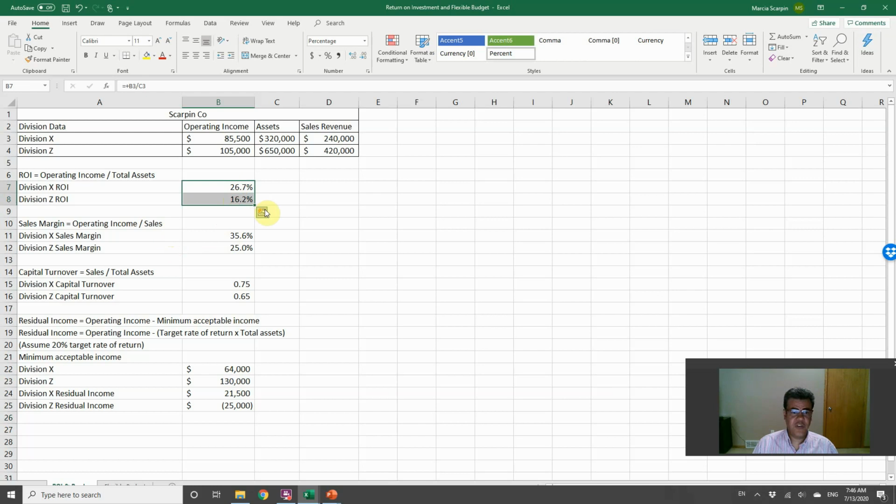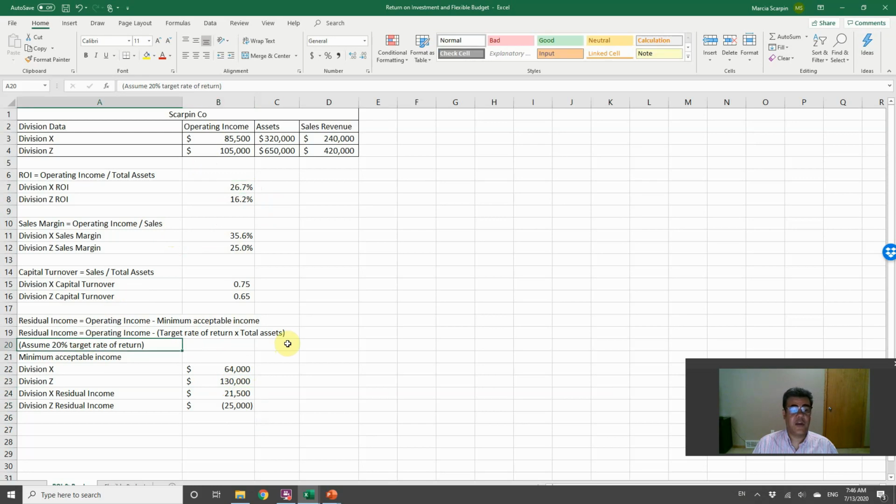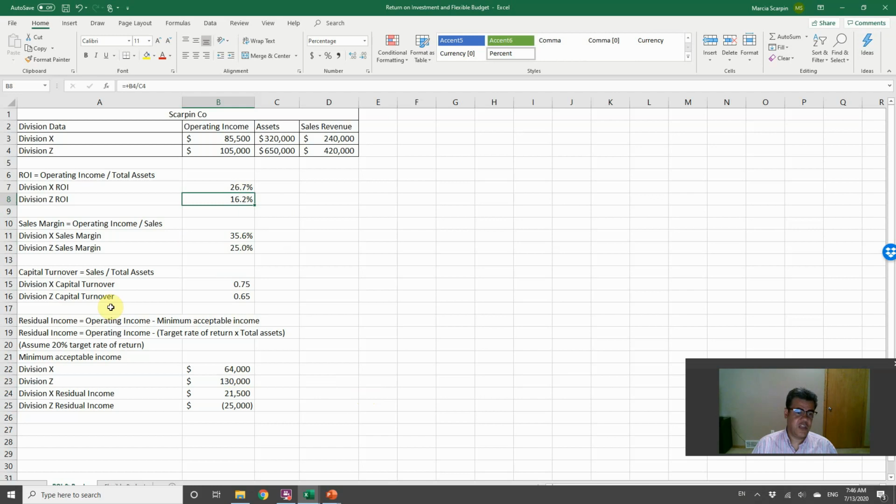So Division X is the best, sorry. And here Division X is also the best. Another way to find it: if our return on investment is greater than our target rate of return, we will find a positive residual income. If it is lower, just like Division Z, we will find a negative residual income.